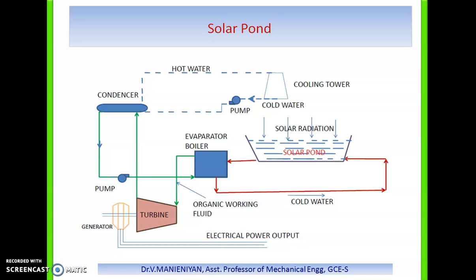So the stored thermal energy can be extracted from the lower zone easily without disturbing the non-convecting salt zone above. The hot water can be extracted from the solar pond without disturbing the convective gradient. So that is the extraction principle, where an organic working fluid is used for the system.